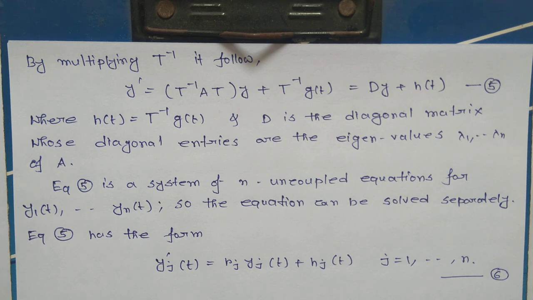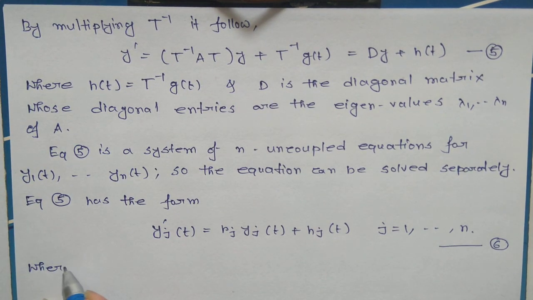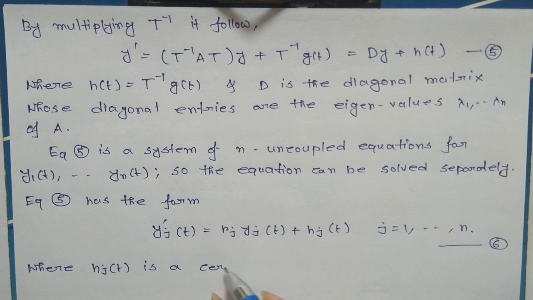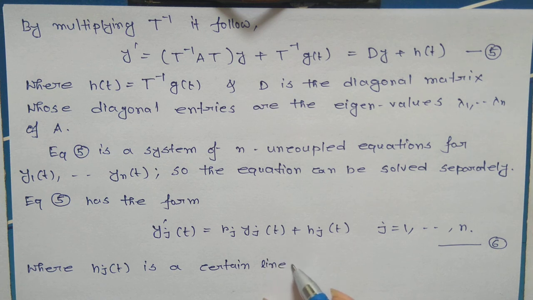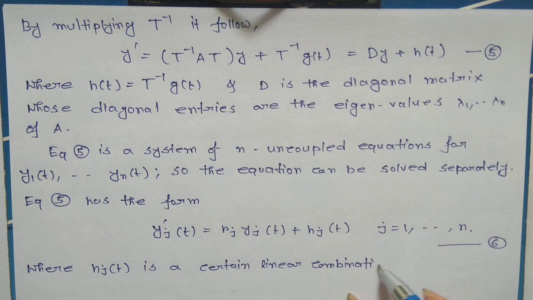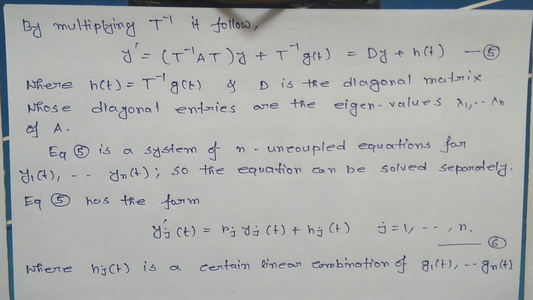Where hj t is a certain linear combination of g1 t up to gn t.